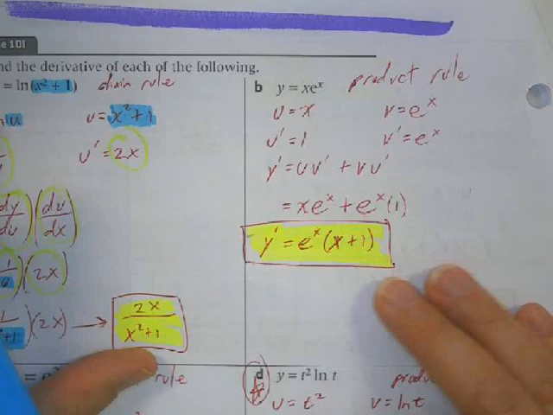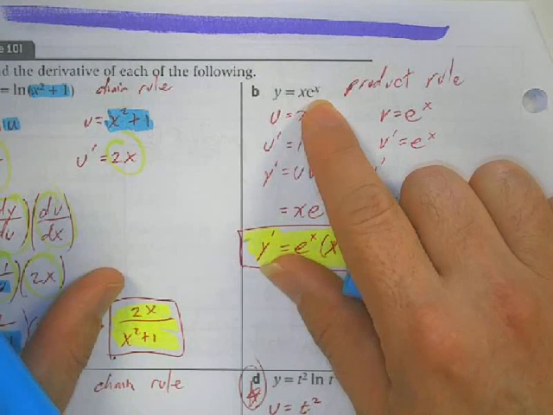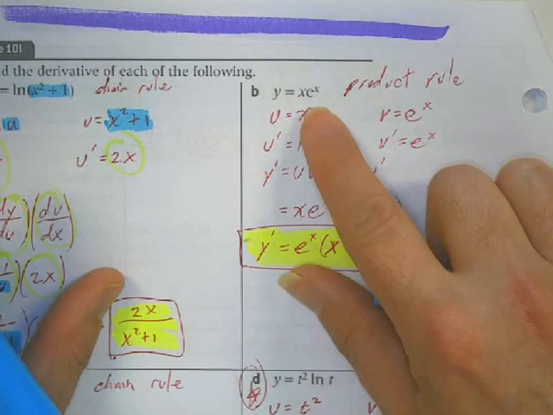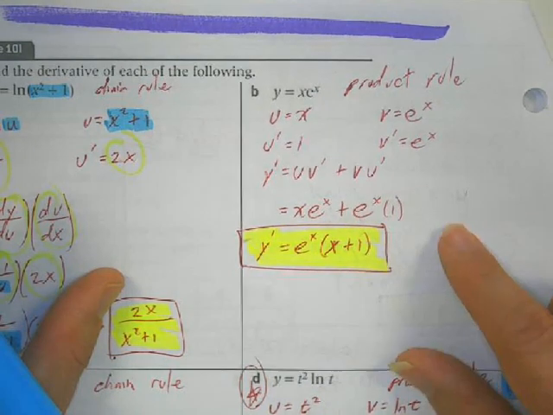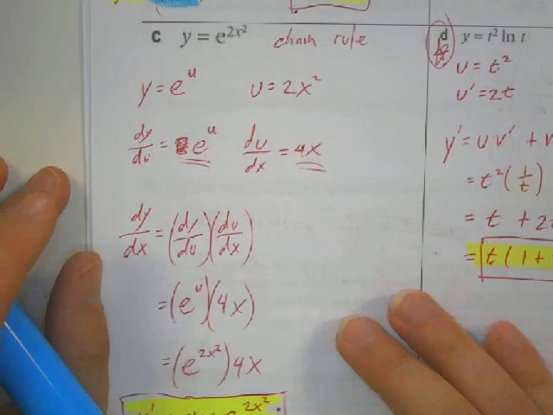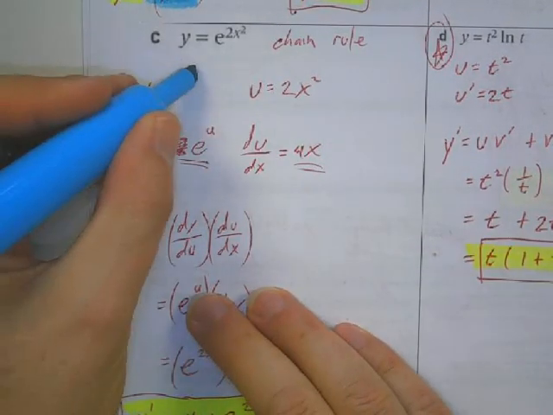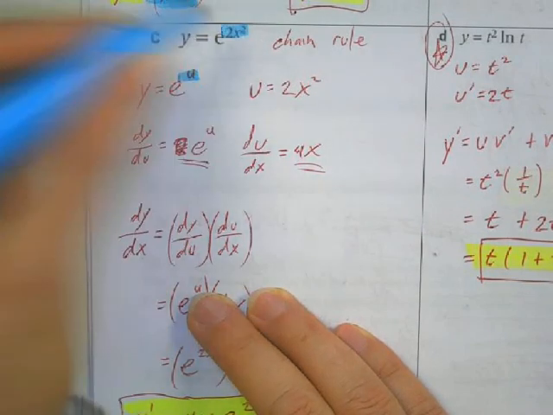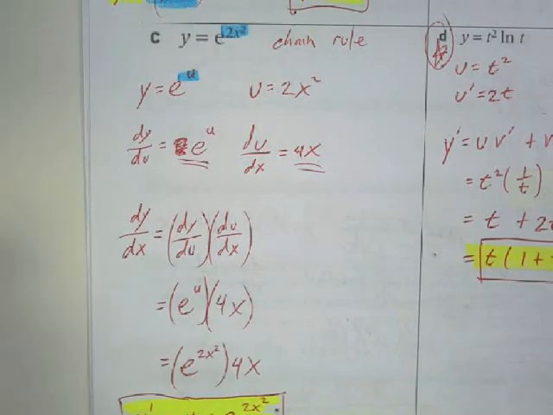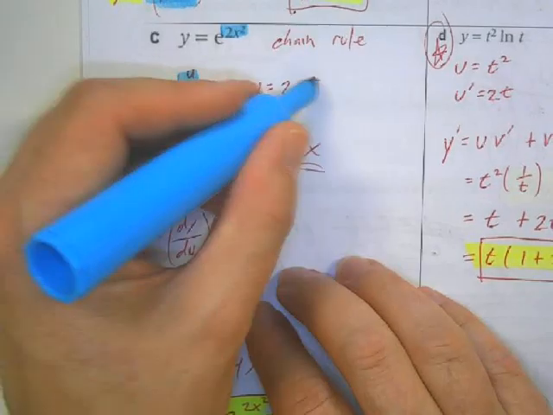Okay, let's talk about this one. Product rule. I'm going to make u equal to x, and v equal to e to the x. Okay. There's my product rule. Okay, chain rule. I'm going to make y equal to e to the u. I'm going to call this blue stuff u. And if u is the blue stuff, try to say that 10 times fast.